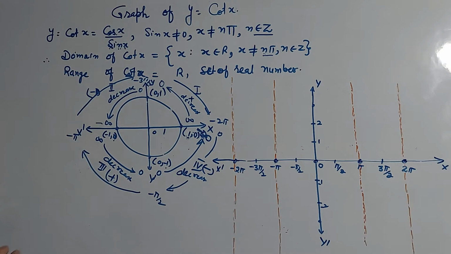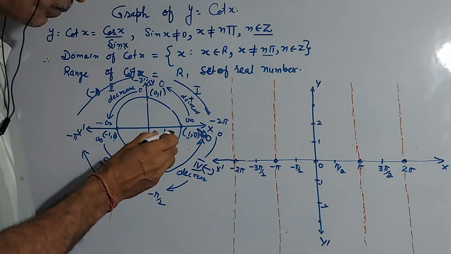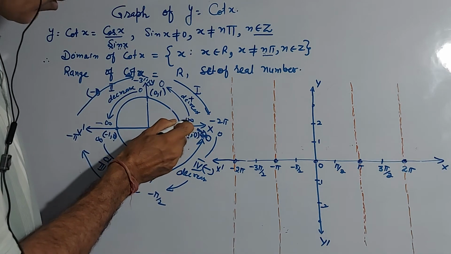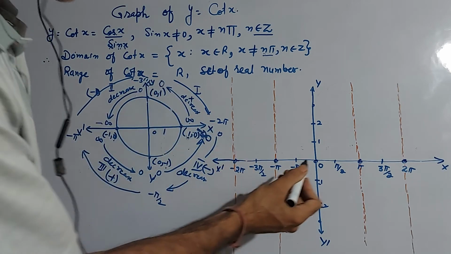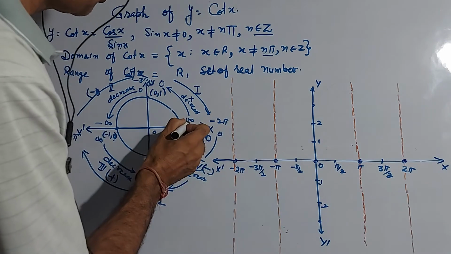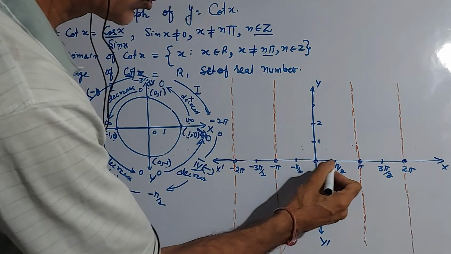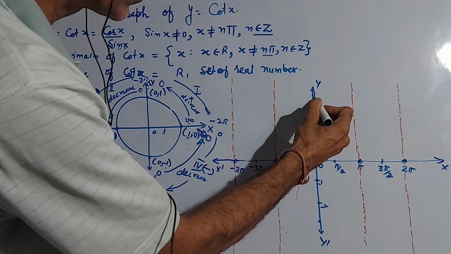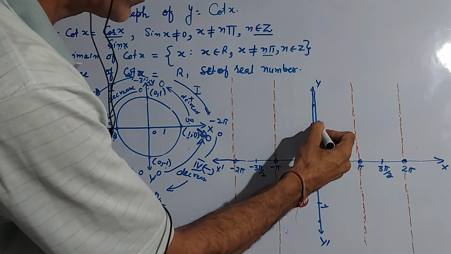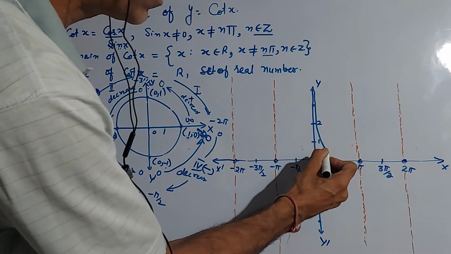Now we will start from 0 degree here. The value of cot x is decreasing from infinity to 0, from 0 to pi by 2. This will not touch the y-axis, but decrease like this.